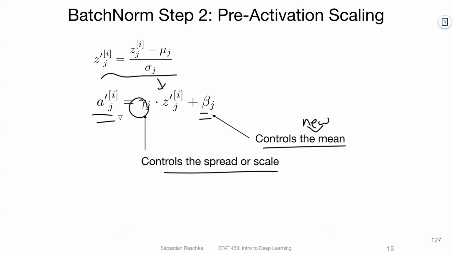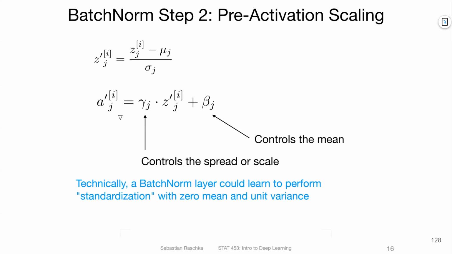And this is our new value. Technically, a batch norm layer could learn to perform standardization with zero mean and unit variance. This could be learned as 0, and this could be 1 after learning. That is also possible. We just let our network determine which values might be the most optimal.